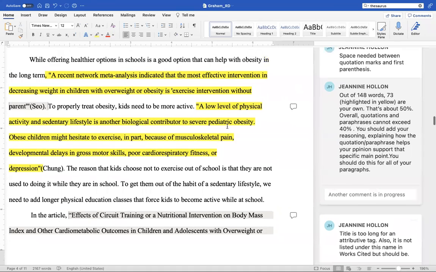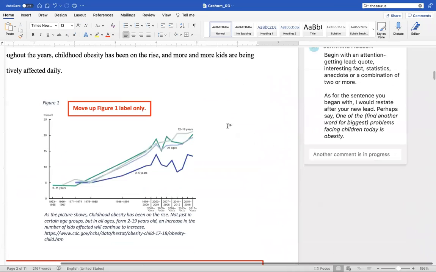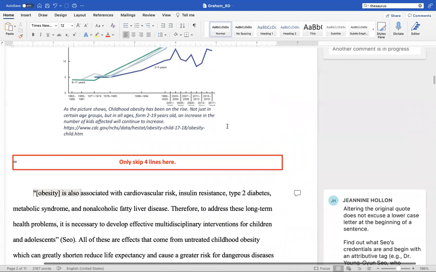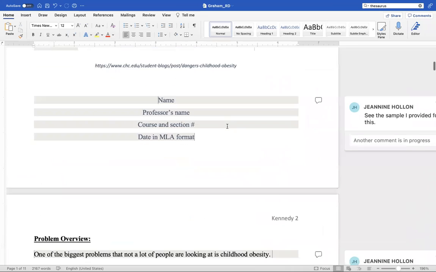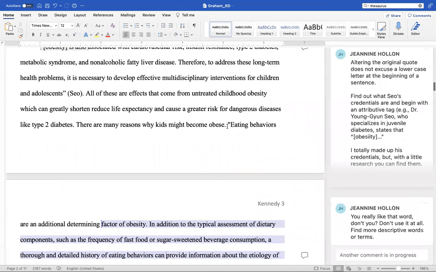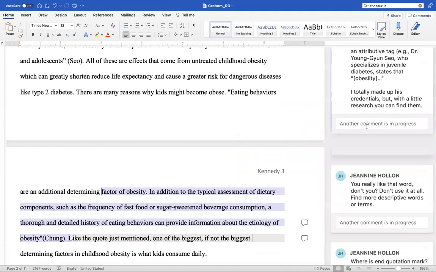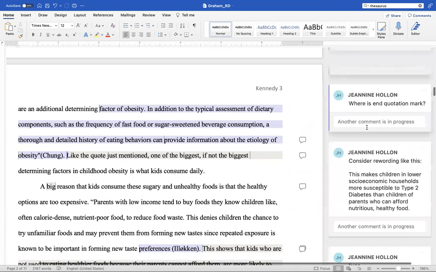Wow, I am not sure when I stopped this. So read my suggestions. May have been back up here with the biggest. Okay, it might have been around here.